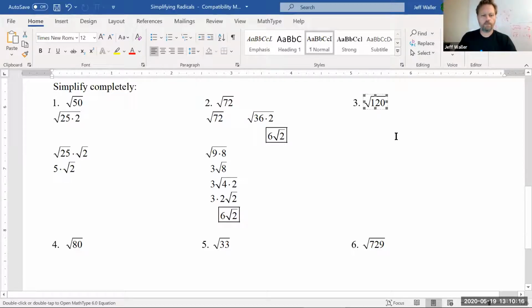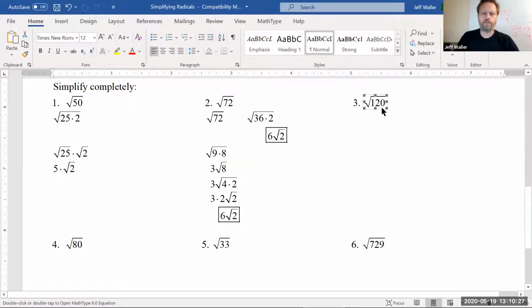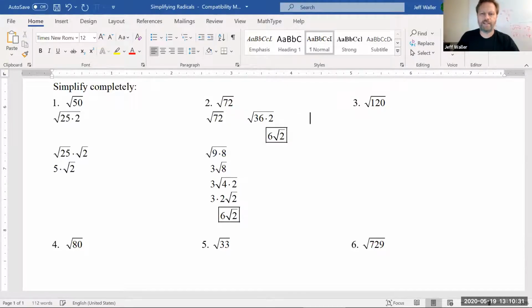Is it 10 and 12? So if we do 10 and 12, can I take the square root of 10 or 12? So let me show you this other way to do this. And again, I'm not going to take points off if you do it this way, but this is a slightly not as good way to do it. So I can take this and break it down into 12 times 10. Now keep going.